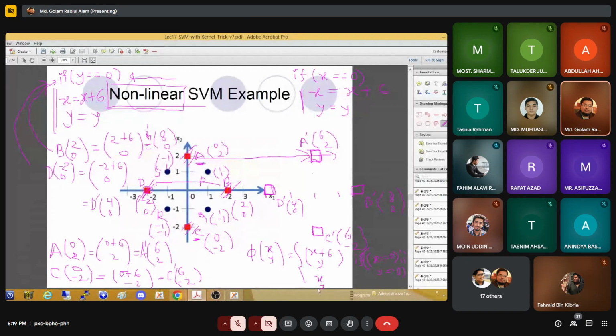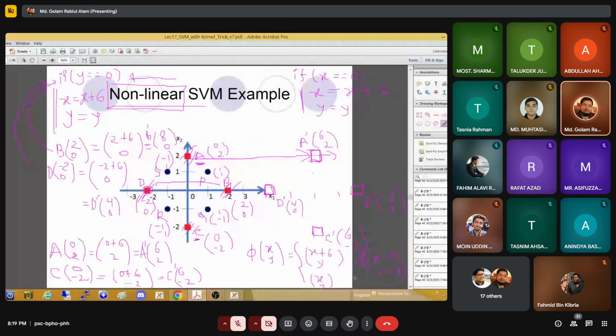So that means otherwise, if x is not 0 or y is not 0, the value will not be changed. Okay, so it will be x, y.